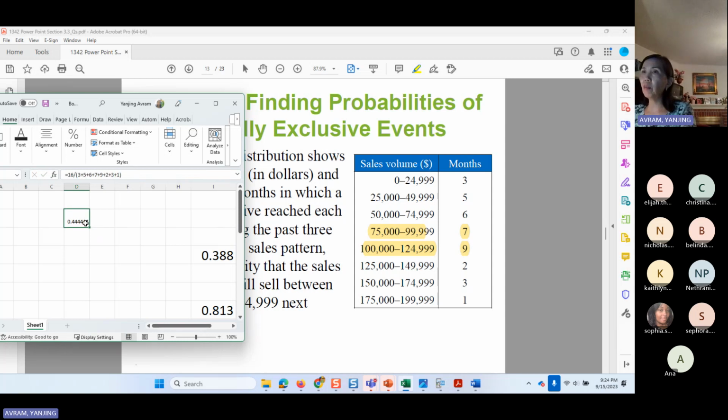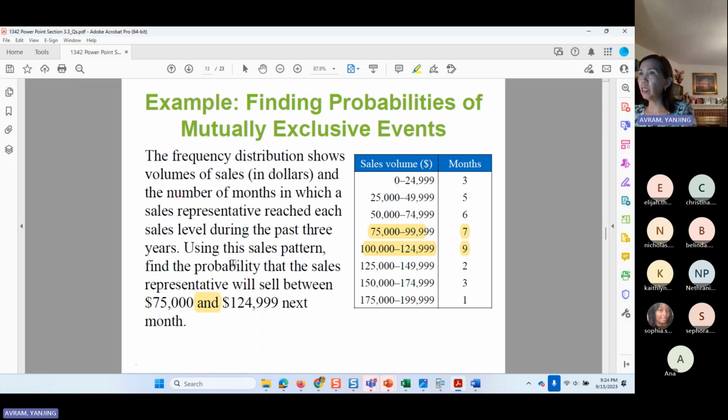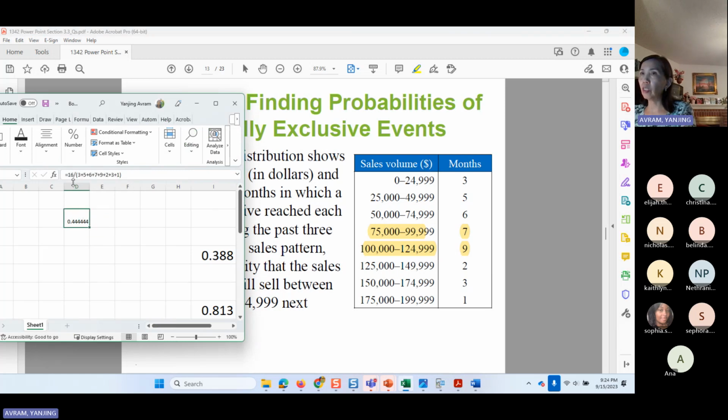All right, so I have 16 out of this total, which will be 0.444. Okay, so the probability using this pattern, because this is mutually exclusive, so that means 7 is 7, 9 is 9. This does not have anything overlapping. So I just add 7 and 9 together, which is 16.